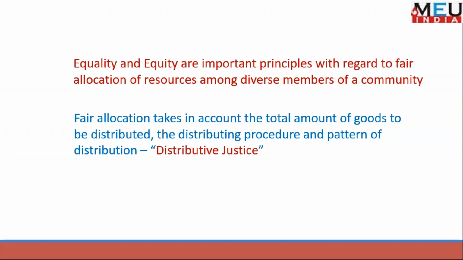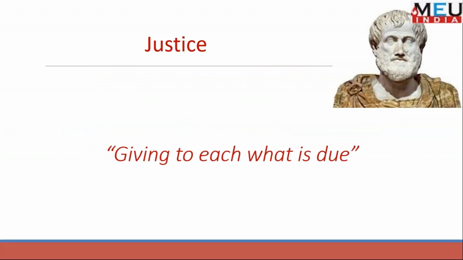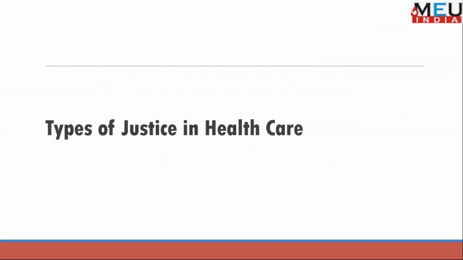I'm repeating this again. Fair allocation takes into account the total amount of goods to be distributed, the distributing procedure, and the pattern of distribution is what is called distributive justice. Justice means giving to each what is due.